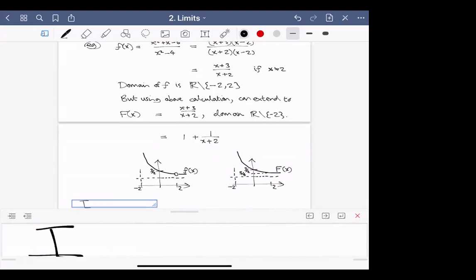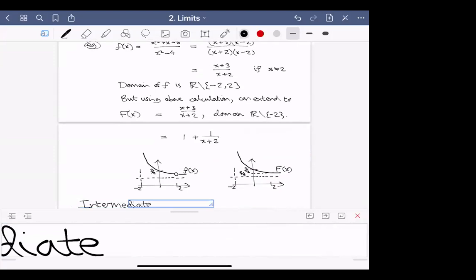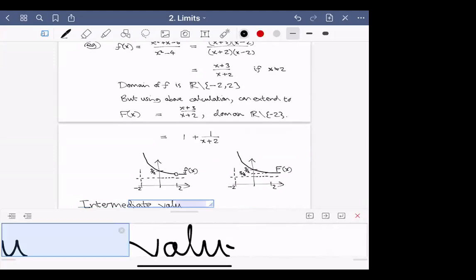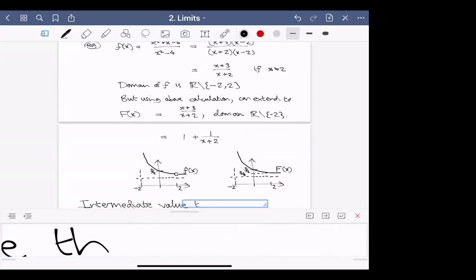Okay, so the first important theorem that uses continuity is called the intermediate value theorem.